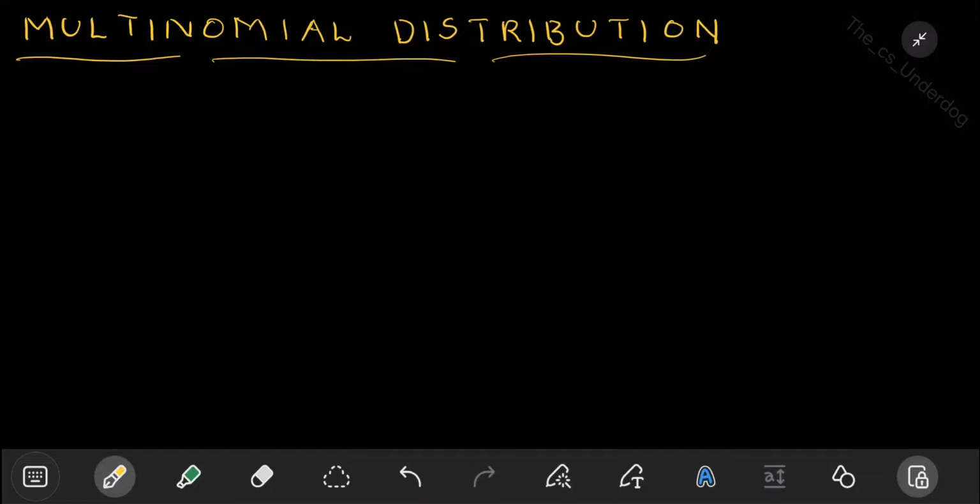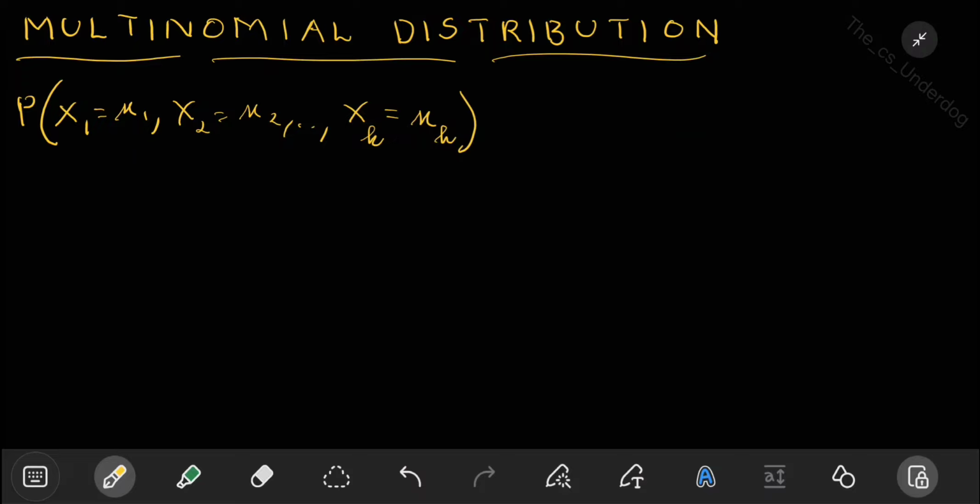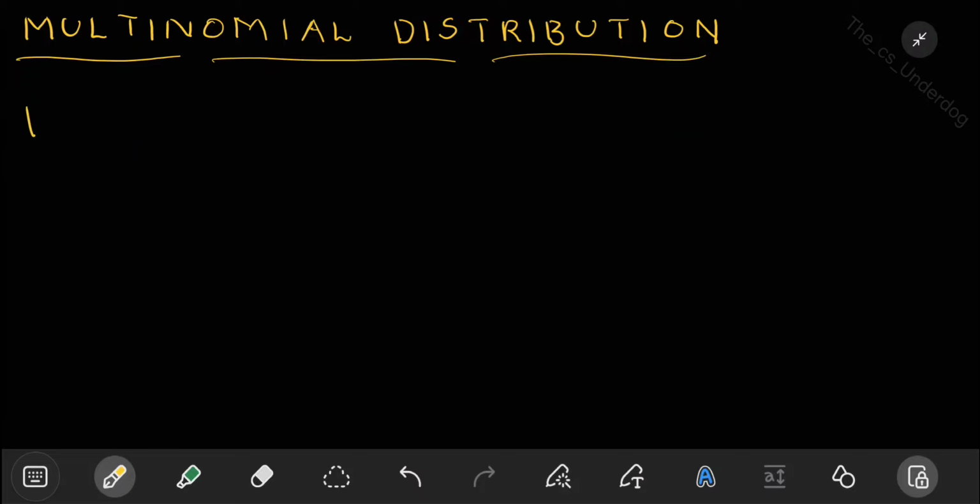So my probability mass function, I will write it as probability of X1 equal to x1, X2 equal to x2, so on up to Xk equal to xk. I'm simply writing this as p of x so that I get more space. You understand that it's a total expansion.